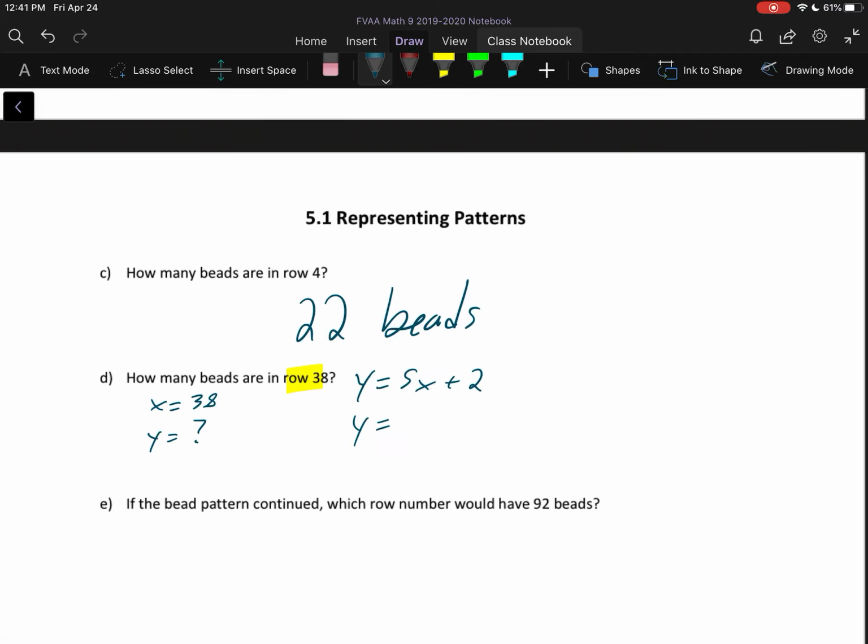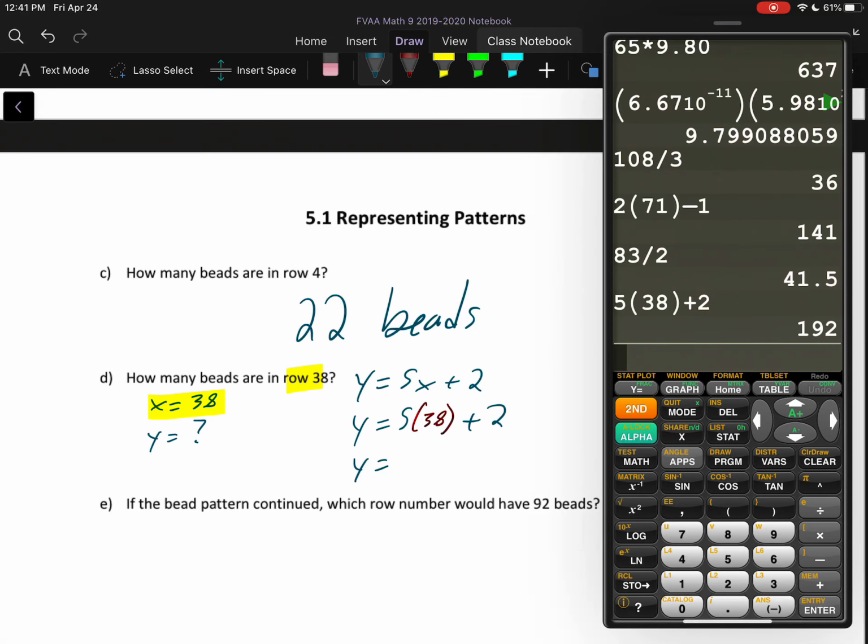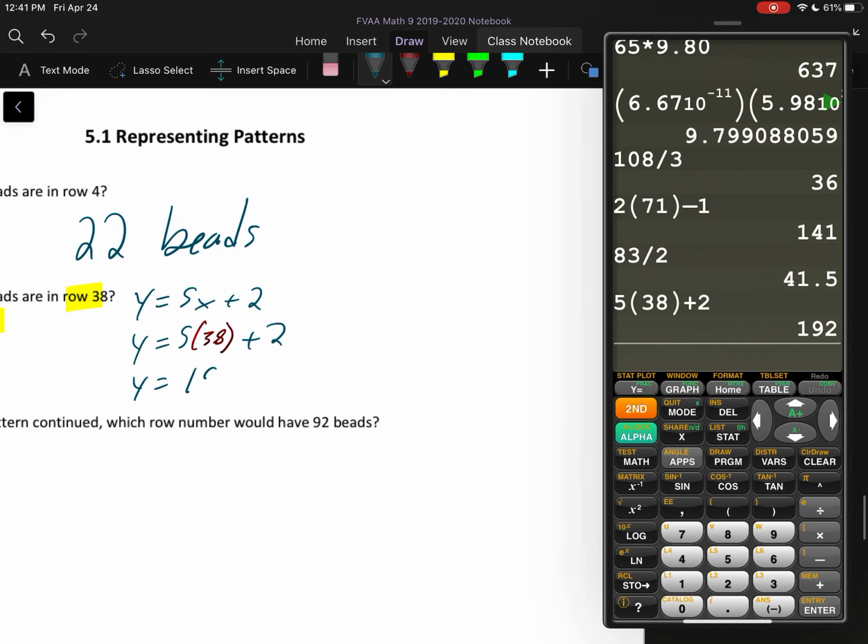So y is equal to 5, and in the place of x, I'm going to put what I know x is equal to, which is 38. 38 plus 2. So at the 38th row, I would have 5 bracket 38 plus 2. I would have 192 beads. 192 beads. Okay?